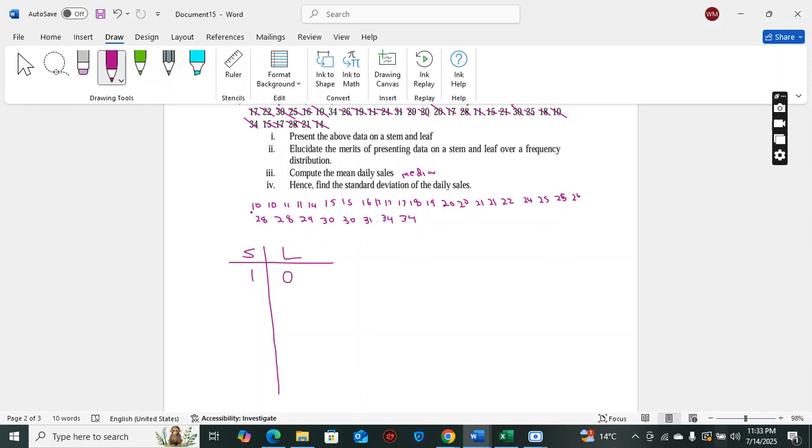This is the first 10. This is the second 10. This is 11. This is the other 11. This is 14. This is 15.